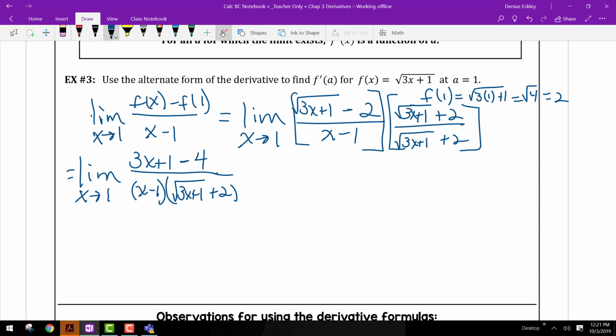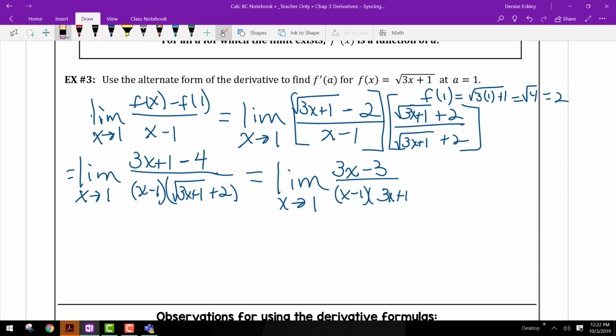Okay, when I simplify this then, the idea is using the alternate form that undefined term in the denominator, the x minus 1, is going to be able to be factored out if the derivative exists, which is going to happen here. Hopefully you can see that I do have a factor of x minus 1 in the numerator.